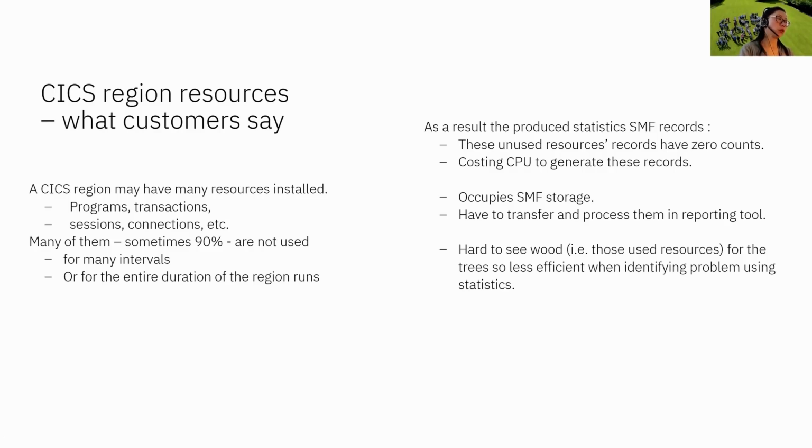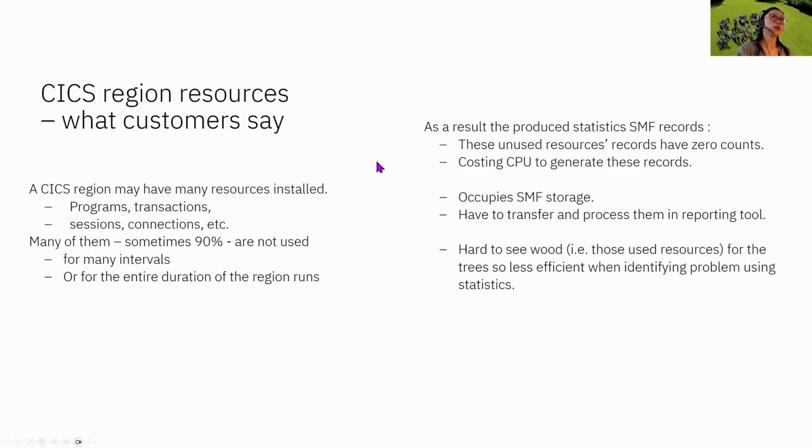So for example, in the TOR region, it may have programs or transactions populated there, maybe the same as the AOR. That's just a made-up example. But for the TOR, you may not use those resources that are supposed to be for the AOR, but the statistics in the AOR region will still show those programs and transactions.